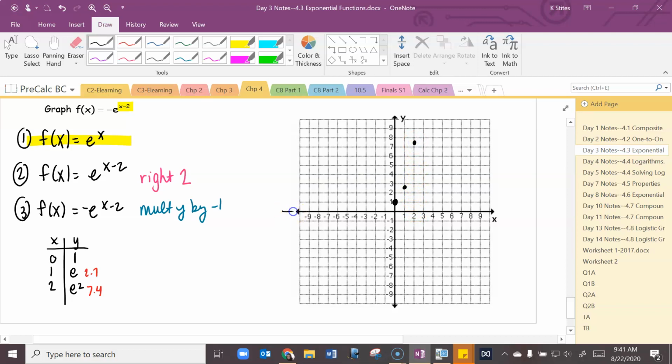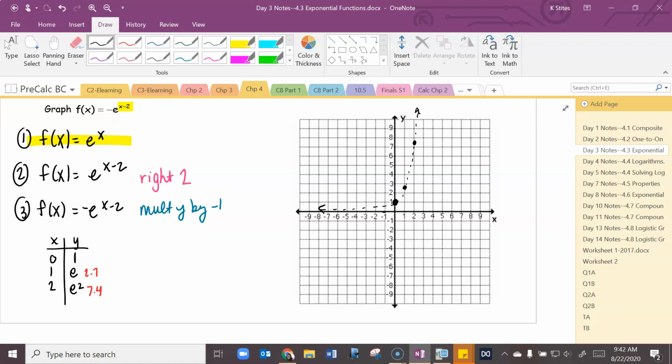All right, and again, there's no vertical shift, so at least originally you have a horizontal asymptote at y equals 0, which you can either choose to graph or not. All right, so that's e to the x right now. And if you type e to the x into your graphing calculator, it will look just like that.